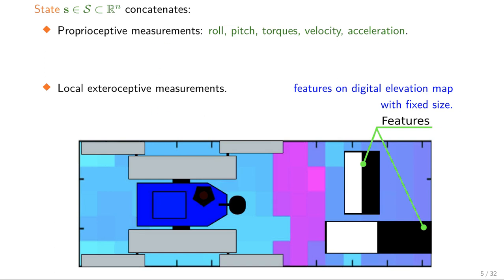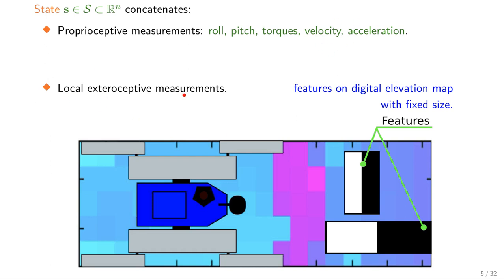The state may concatenate the proprioceptive measurements, which is something the robot itself can measure, so its internal state, so to speak. Roll and pitch, which is basically how it's inclined, can be acquired from the accelerometers, then torques in the motors, velocity, and acceleration.